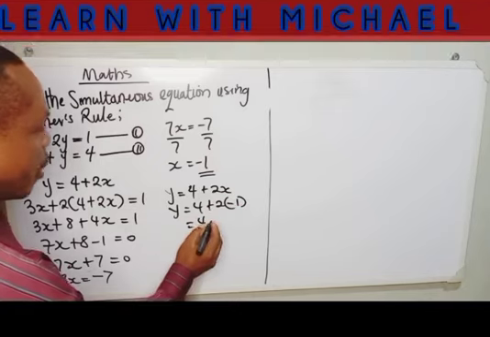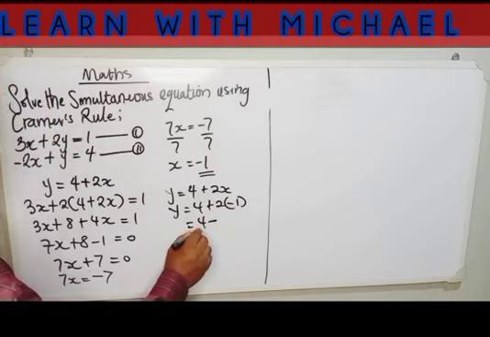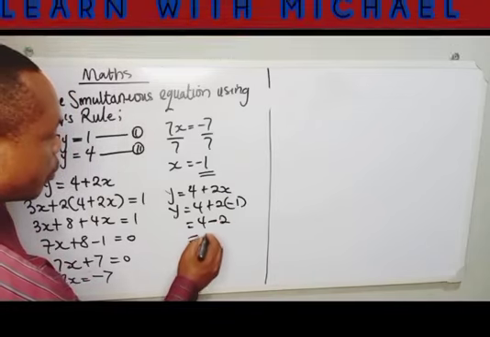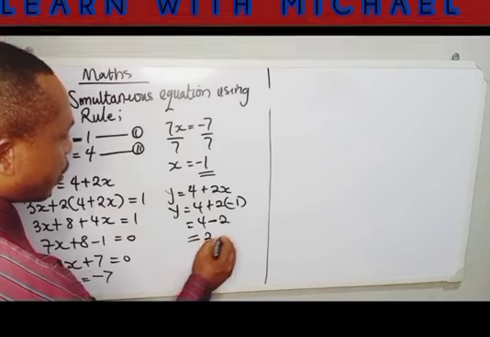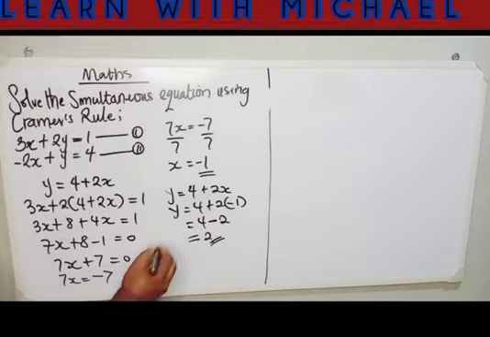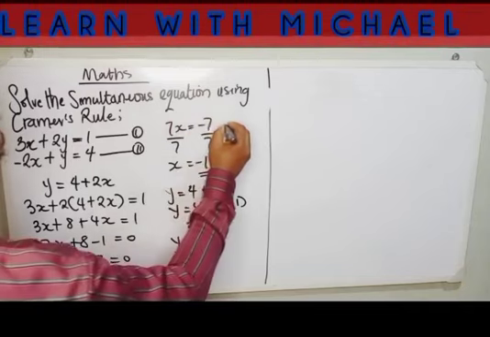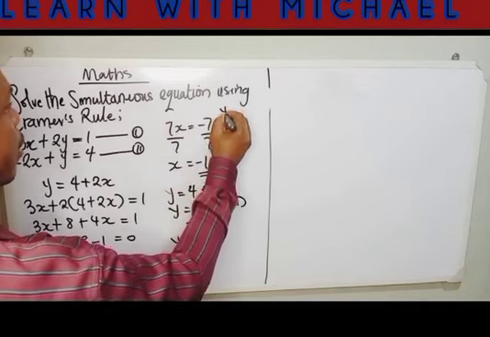So I'm going to have a minus here, please. Let's always pay attention to our signs. So that means I'm having a minus 2 here, which will be equal to 4 minus 2, which is going to give me 2. So the value of my y is 2.